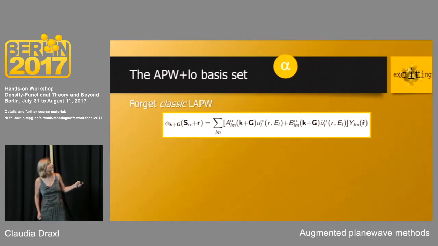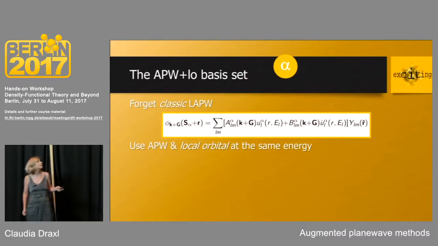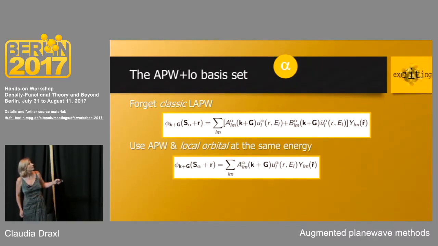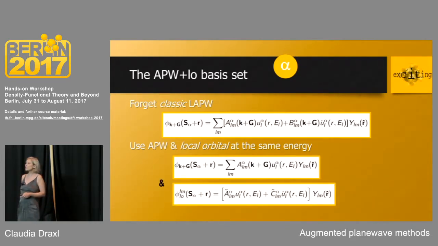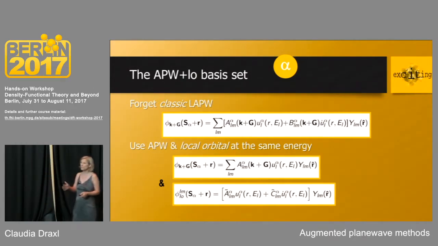So these are the LAPW basis functions. What we do now, in the same spirit of the local orbitals, we just use this bit as our basis functions, which are G-dependent. And this bit goes into an extra basis function. But look here, now we have used the local orbitals with the same linearization energy, because here it doesn't serve the purpose for treating a different state.